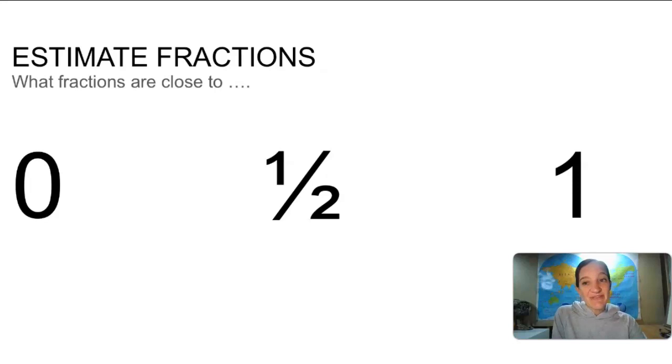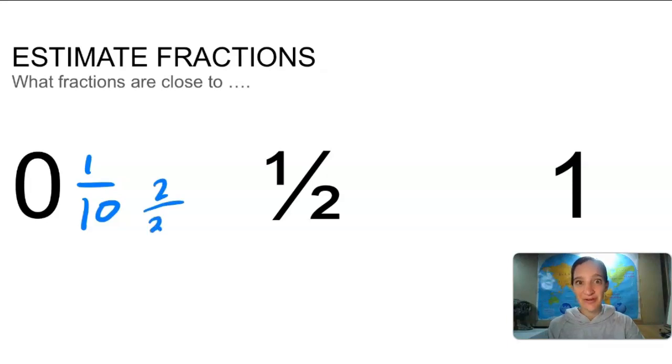So when you estimate fractions, it is okay to change them to friendly fractions. And honestly, the only friendly fraction that I like is 1/2. So if you have a small fraction like 1/10 or 2/30 or 3/15, something that's very, very small, just change it to 0.